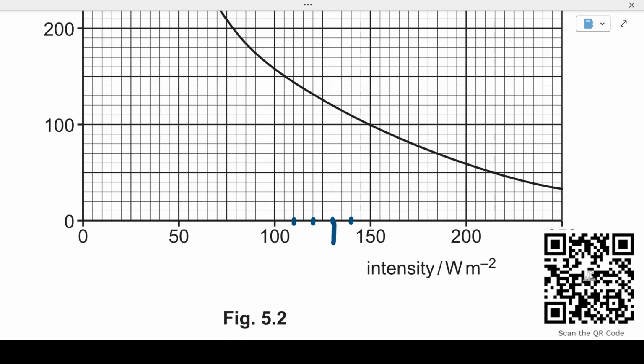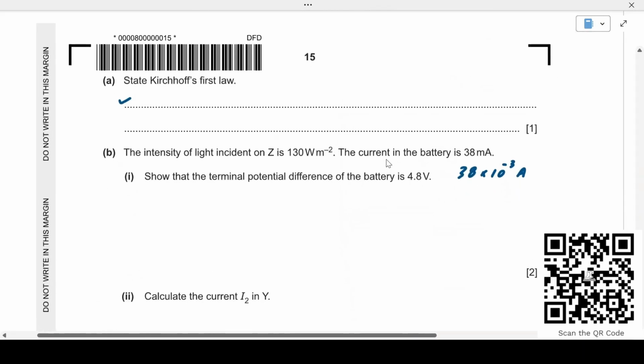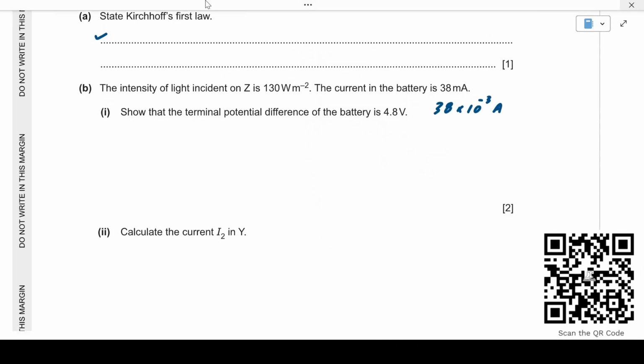We need to find at 130. 130 would be this line over here. Then I extend it over here. So 100, 110, 120, 130, 140, 150, 60, 70, 80. So this one would be 120. The resistance when the intensity is 130 watts per meter square is 130 ohms.